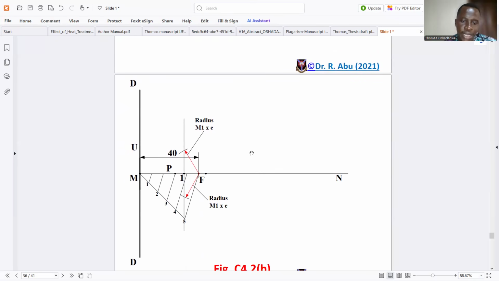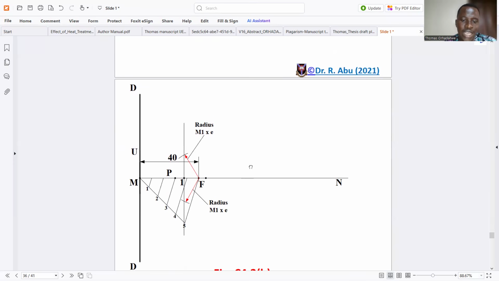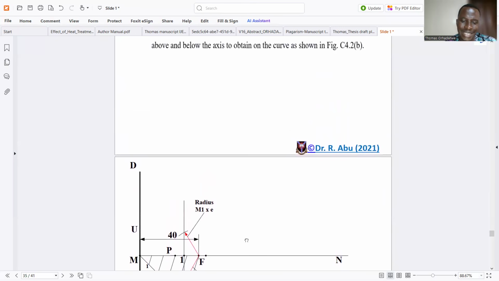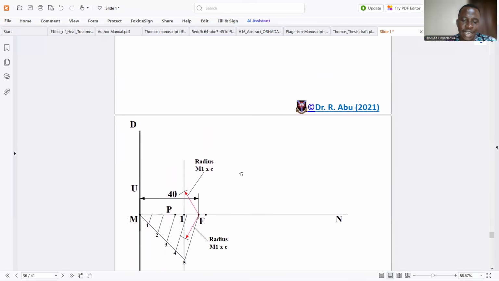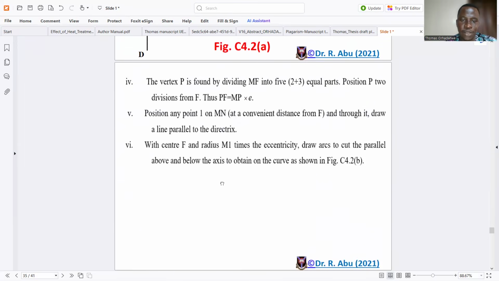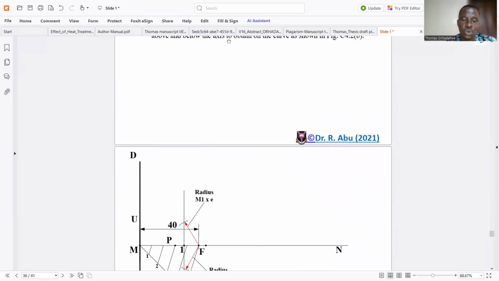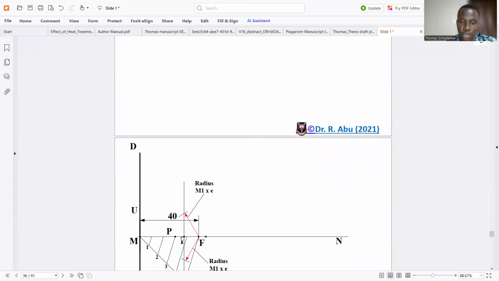Now, having said that, you now locate any point, let's call it 1. Position any point 1 on MN at a convenient distance from F and draw a line parallel to the directrix.